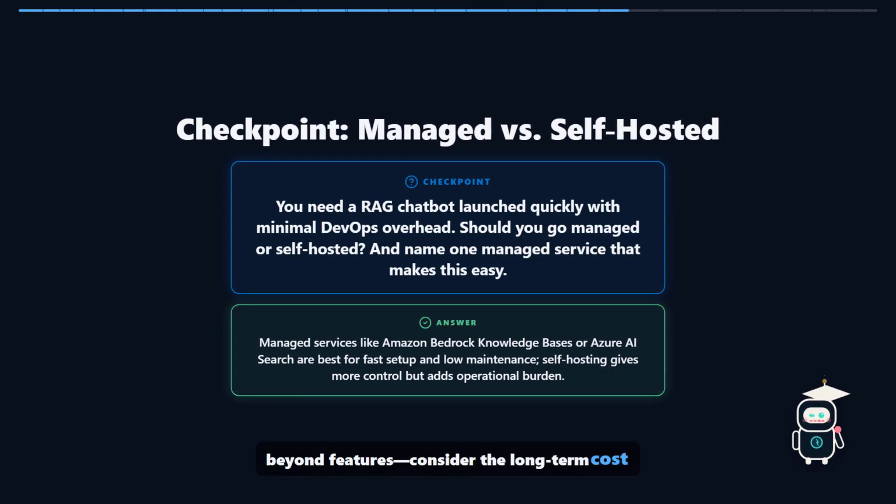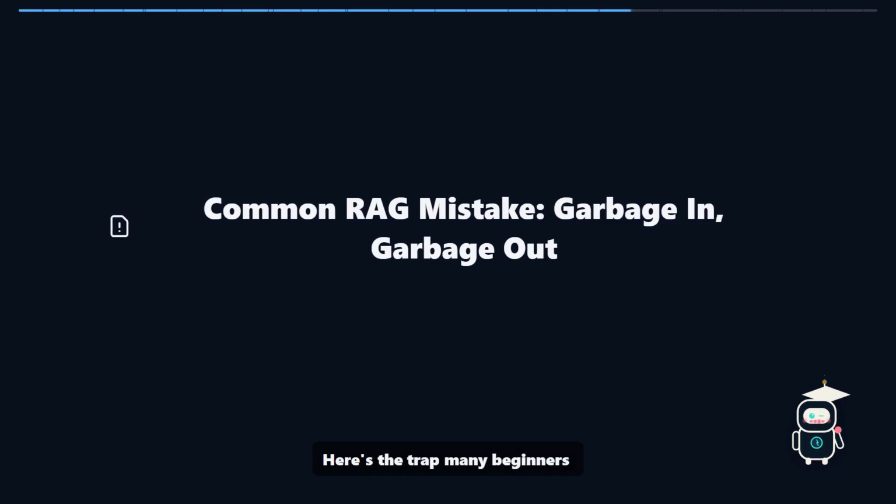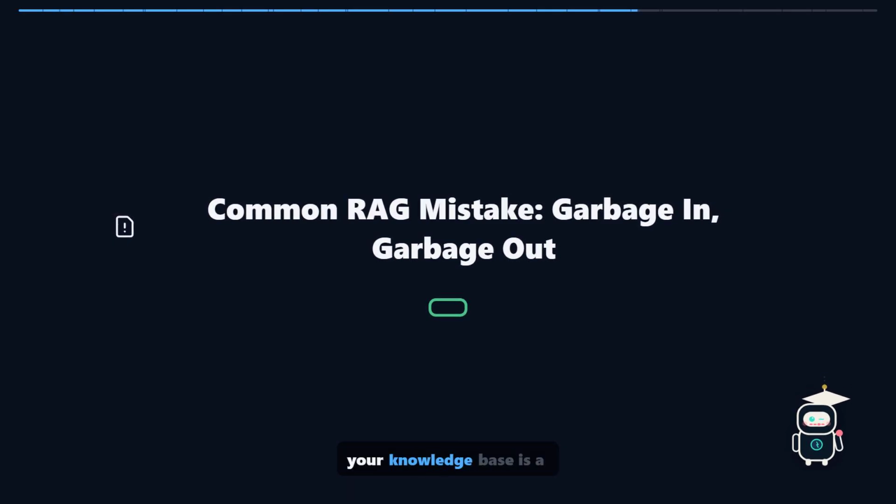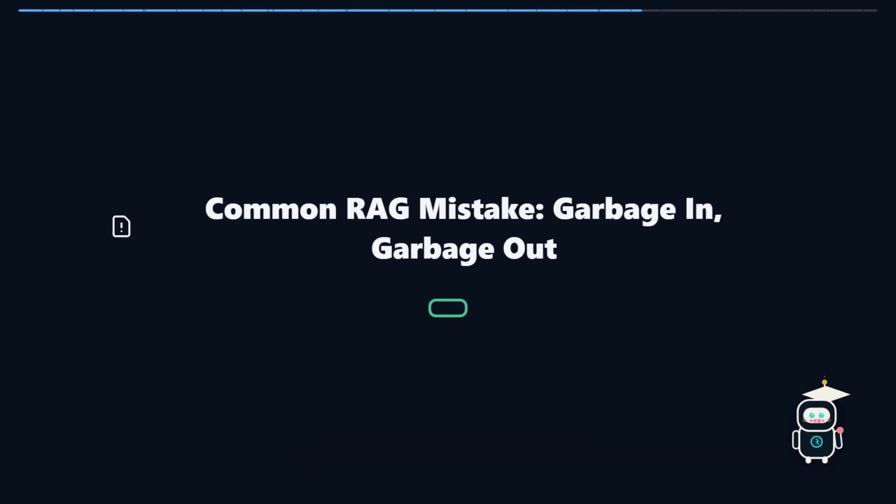Consider the long-term cost of operating the solution. Here's the trap many beginners fall into. They assume RAG is magic, and that simply plugging in any documents will fix everything. It won't. If your knowledge base is a mess of outdated PDFs, duplicate pages, and poorly scanned images, the retriever will bring back garbage.